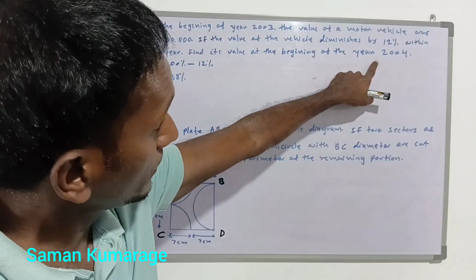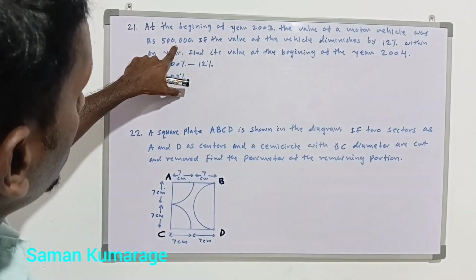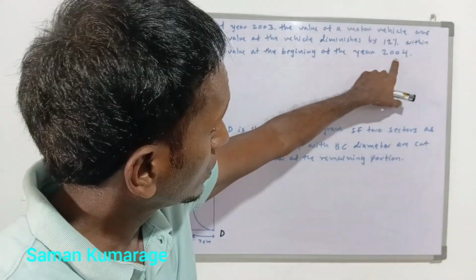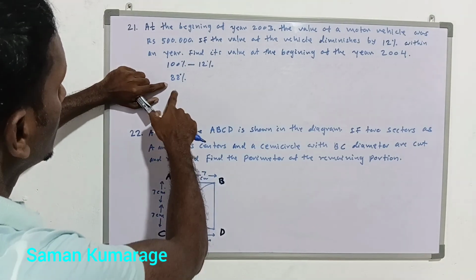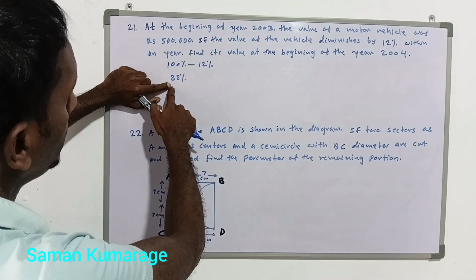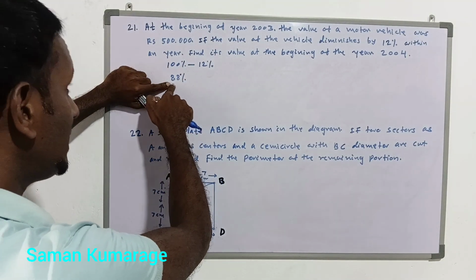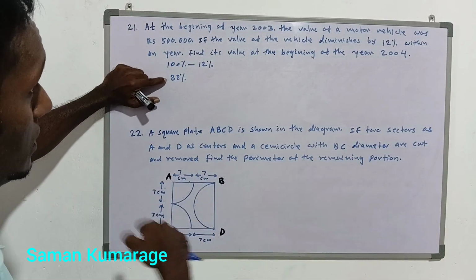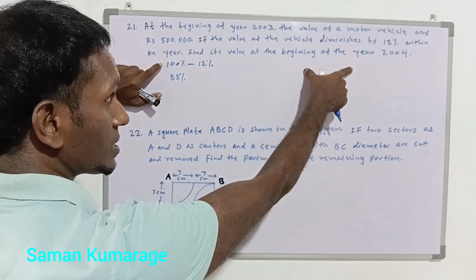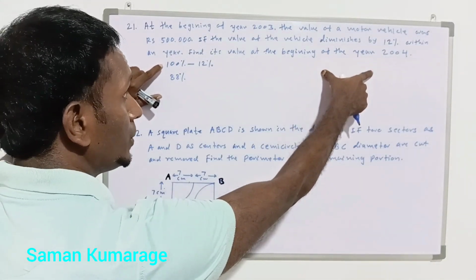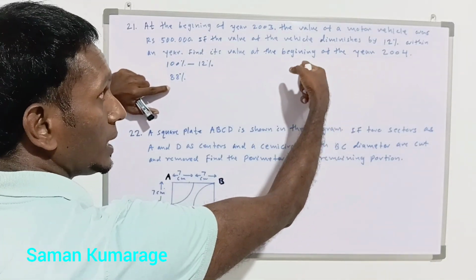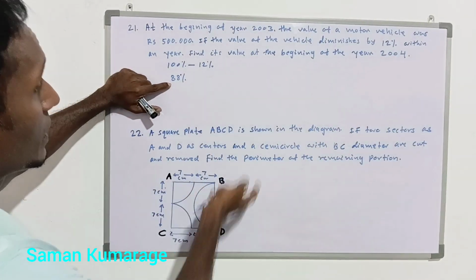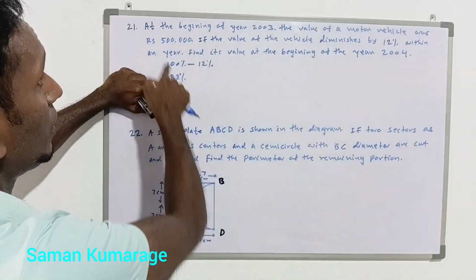So the value at the beginning of 2004 will be 88% of the initial value. The decrease value by the beginning of 2004 will be 88% of the initial value.